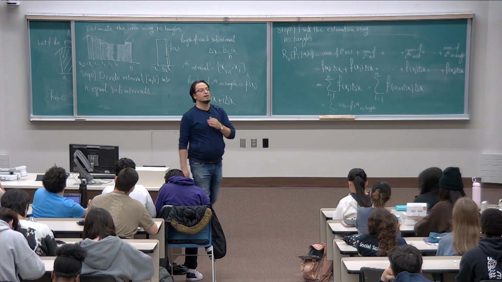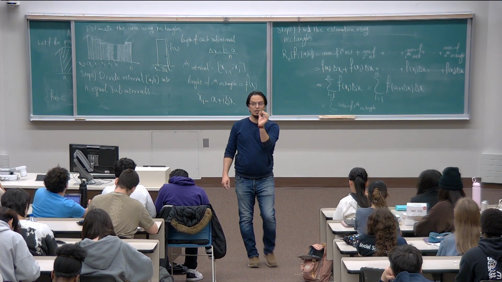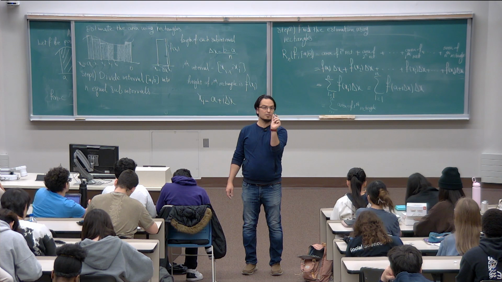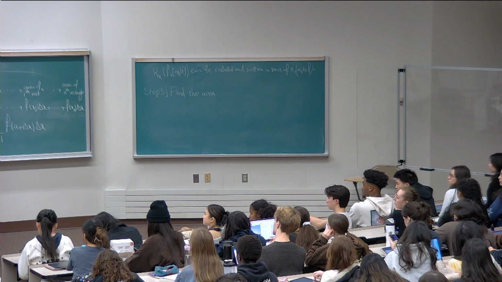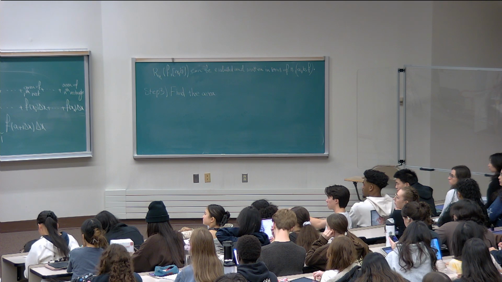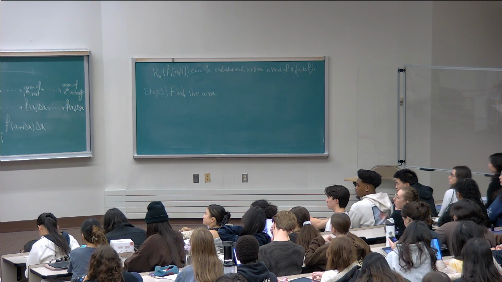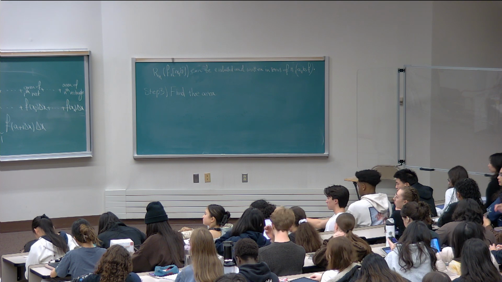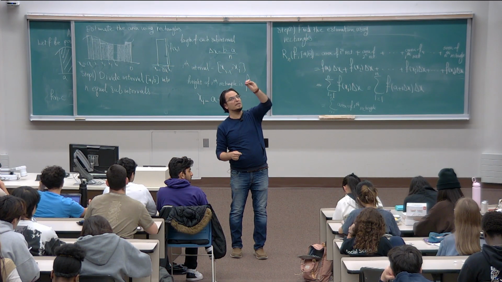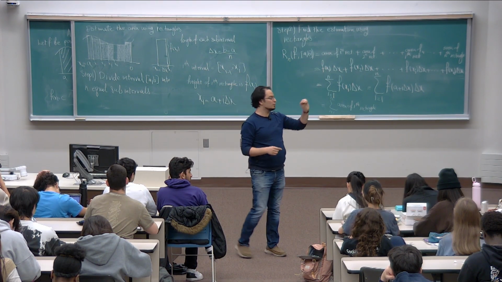So, the smaller the widths of your rectangles are, the less over area or under area you will have. Well, it's not quite clear just by this argument that those small pieces will go to 0.